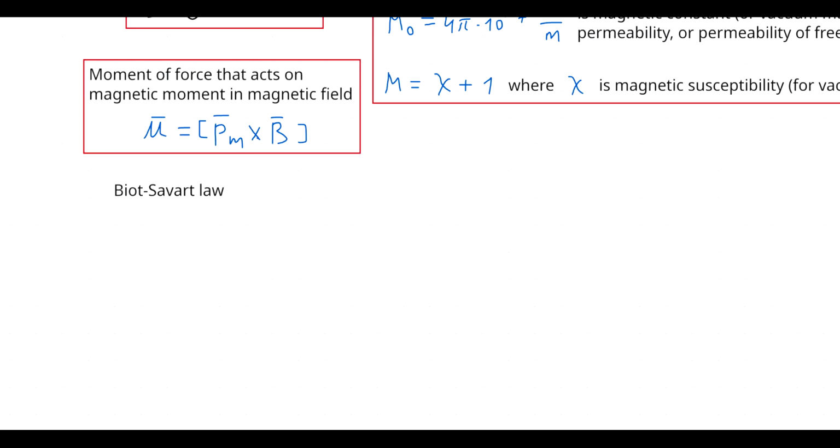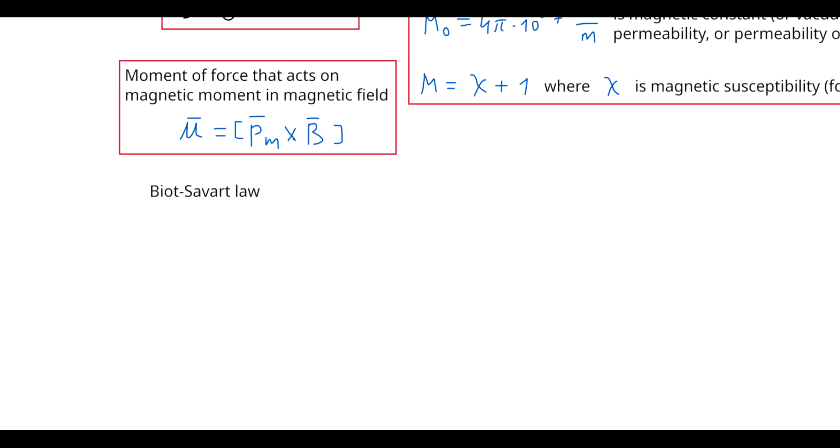This law can be written for linear current with the formula: differential B is equal to mu 0 divided by 4 pi, electric current I, dl with lower index c.